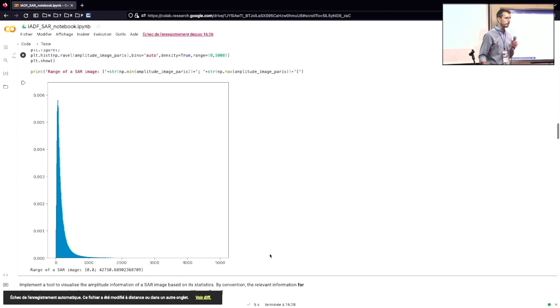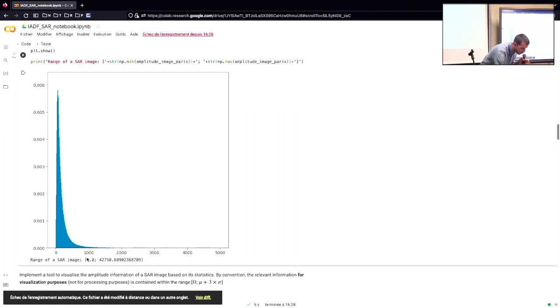What you see is that the majority of the values are between 0 and 1,000. However, when we plot the image the naive way, we are displaying everything that is between 0 and the maximum of the image, which is 42,000. So everything becomes compressed, basically, and we cannot see the contrast that our eyes would like to look at.